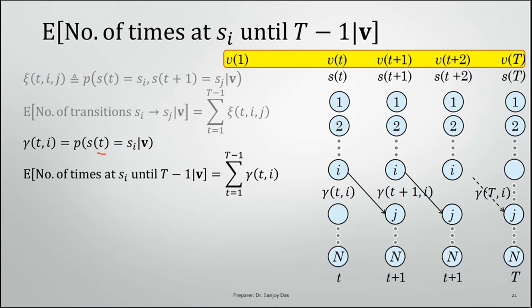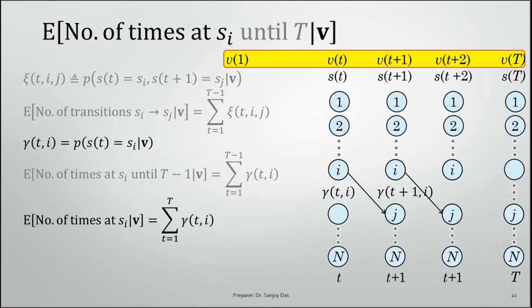So I sum all of them, and that gives me the expected number of times the HMM would have been in state Si between time 1 and time T minus 1. And the expected number of times the HMM would have been in the same state until time T, we can do the summation from t equals 1 through uppercase T. The difference is T minus 1 there, and here it's T.